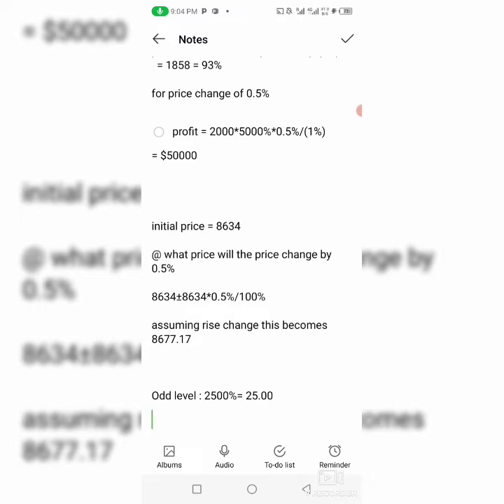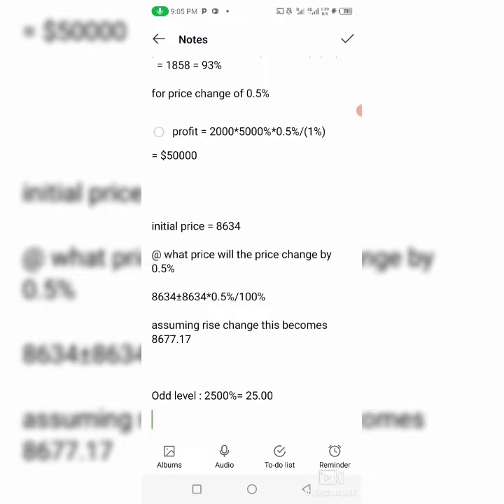So the initial price of step index was taken to be 86.4. The question is, at what price will the price change by 0.5%? So we have this formula: the entry price plus or minus the entry price times the assumed percentage change in price, divided by 100%.